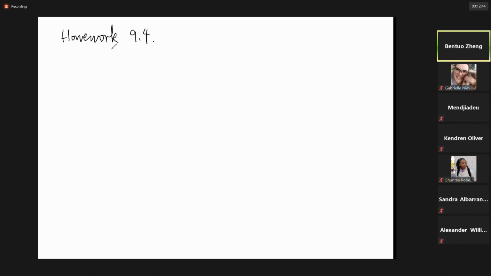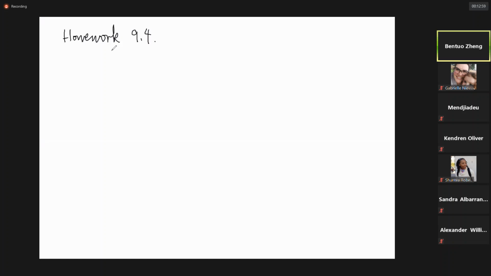So problem 9.4 wants us to give a definition for an interval. Okay, so using a different way, how to define this interval? Okay, so let me write down the statement of the problem.